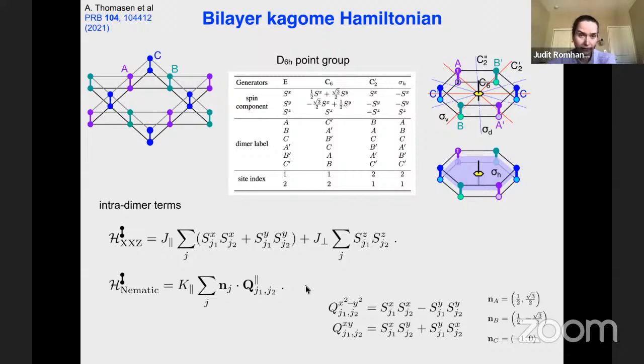But when it comes to discussing the topology of these bands, even a very small anisotropic term can actually destroy the band topology. And this is what I would like to show later. So we don't really consider the size of these interactions with respect to each other. We just want to devise the most general Hamiltonian that one can have for the bilayer Kagome system.